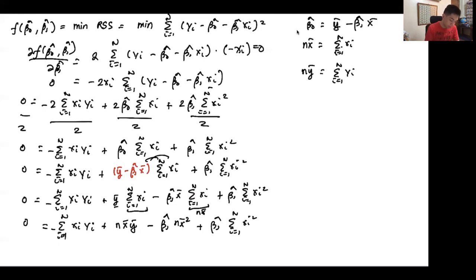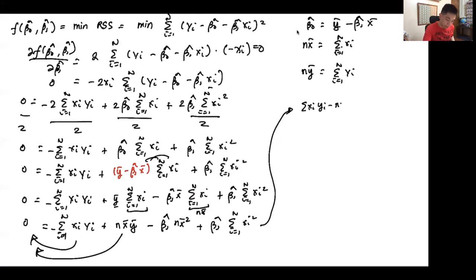So what I do from here is I transpose this one to the other side and this one to the other side such that everything is just with respect to beta 1 here. So I get sum x_i y_i minus n x bar y bar is equal to beta 1 hat. So I'll put the positive thing first. Sum i equals 1 to n of x_i squared minus n x bar squared, right?